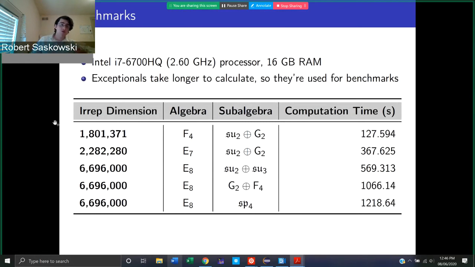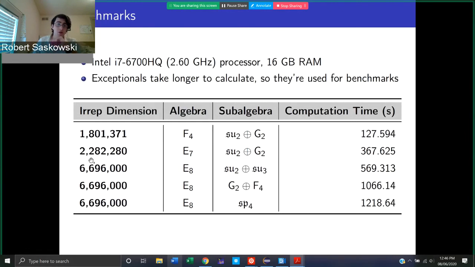So you may think, oh, I'll just give it some ridiculously big irrep of F4. I'll see how it branches to SU2 plus G2. And it turns out that the 1,801,371 takes just a bit over 2 minutes, which surprised me, but it's good. Now, the 2,282,280 of E7 branching to the same subalgebra takes only a bit over 6 minutes.